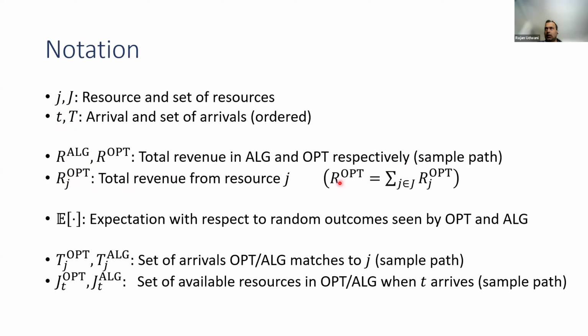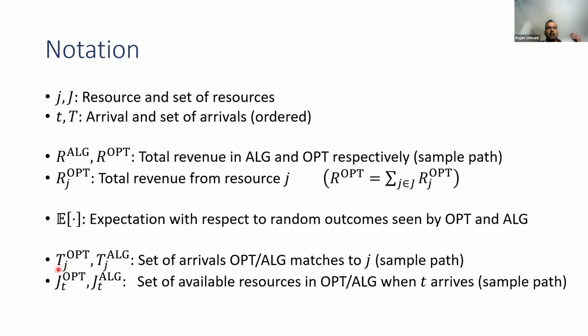So in particular, observe that ropt will just be a sum of rj opt, where I sum over all the resources. I'll use this expectation to denote expectation with respect to the random outcome seen by opt in alg. And then two other things. I'll use this notation P, some algorithm opt or alg j, to denote the set of arrivals.